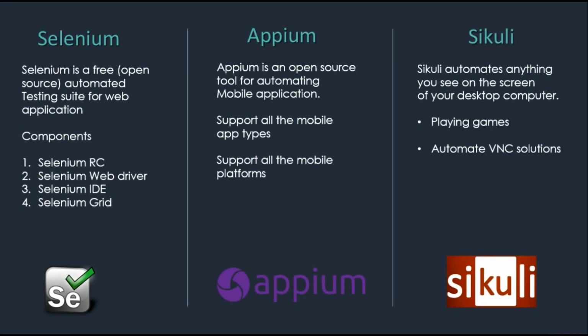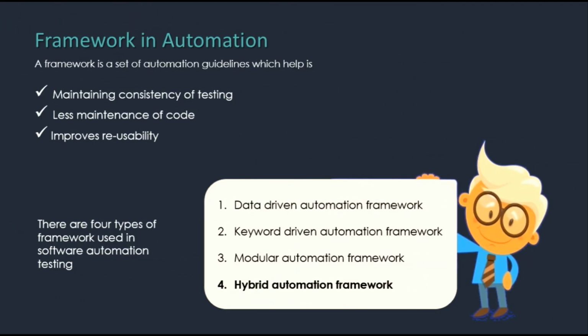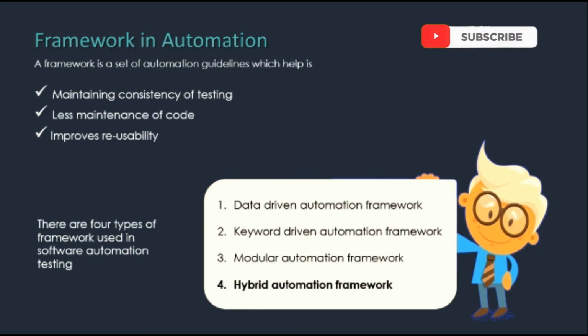Next we are going to look at frameworks in automation. A framework is a set of automation guidelines which help in maintaining consistency of testing, less maintenance of code, and improved reusability. In software development there are a lot of frameworks like Spring Boot, Hapi.js, Express.js, and Django. In software automation we also have different kinds of frameworks.